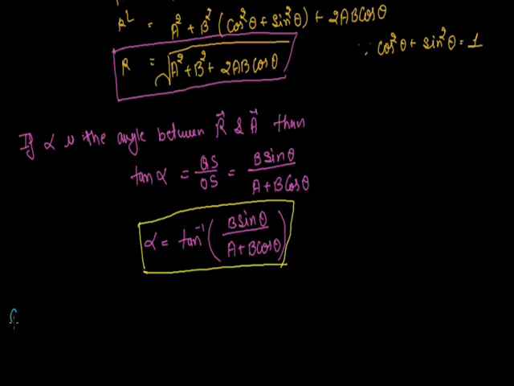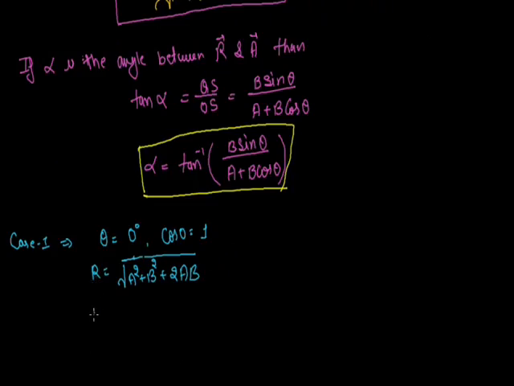Special cases. Case 1. If theta equal to 0 degree, then cos 0 equal to 1. Then R equal to under root A square plus B square plus 2AB. So R equal to A plus B. Case 2. If theta equal to 180 degree, then cos 180 equal to minus 1.